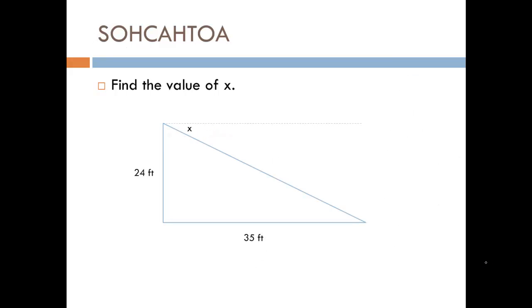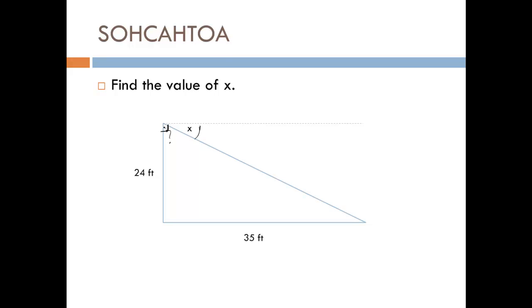And let's look at one more example. In this last example, notice that the angle we're looking for is this angle outside. And there's two ways we can go about doing that. One is we could try and figure out the measure of this angle here first and use the fact that this is a right angle.